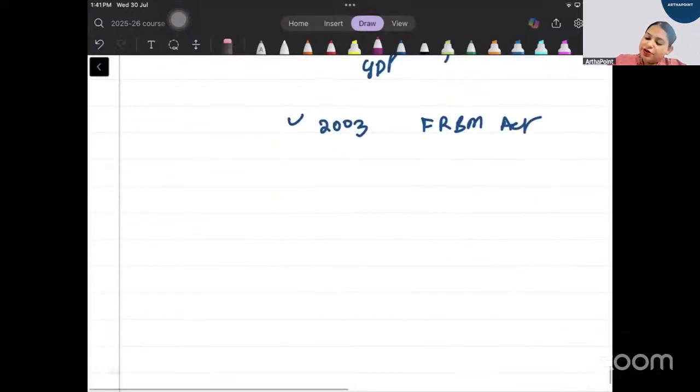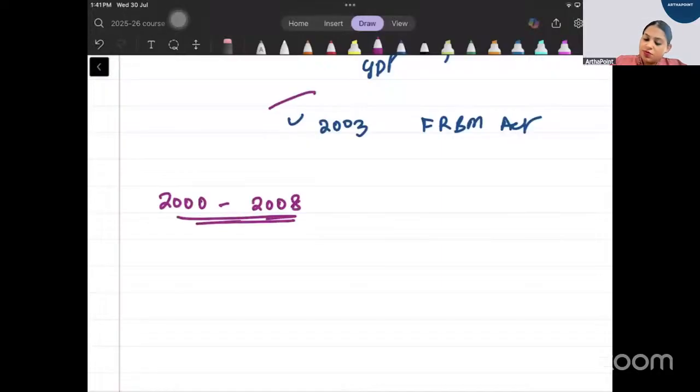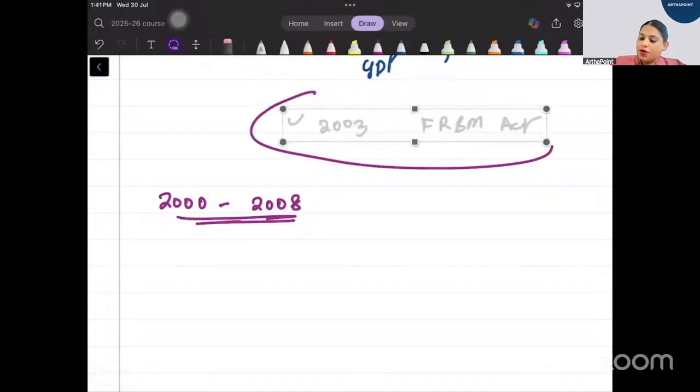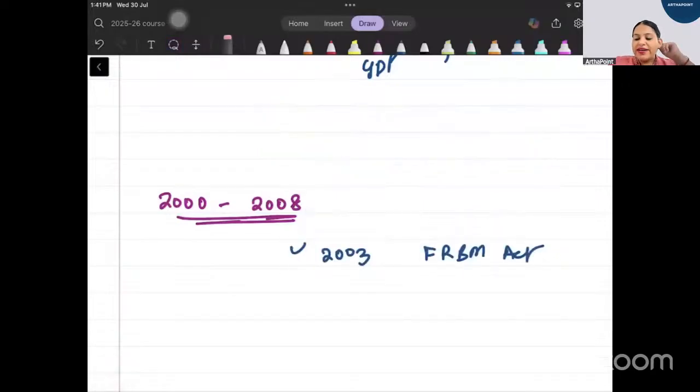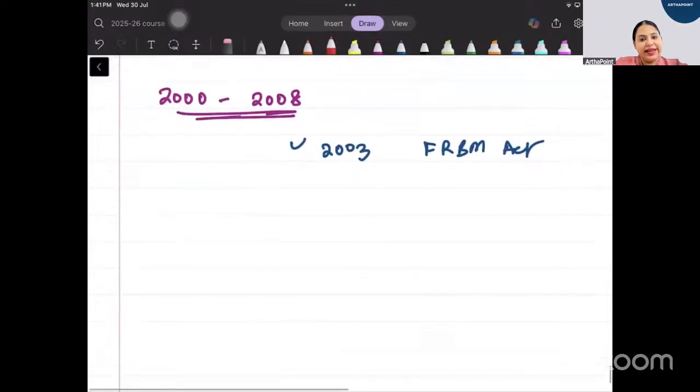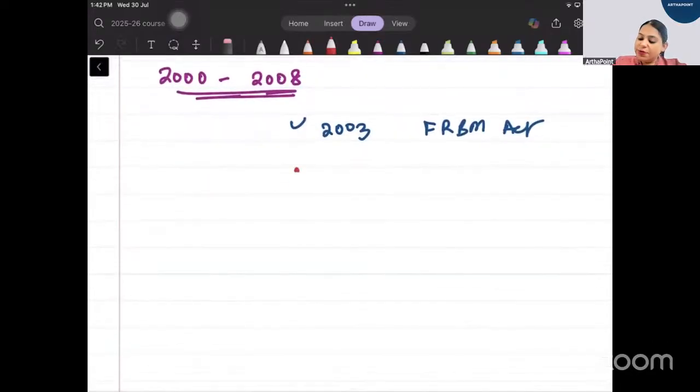Then you had the period of 2000 to 2008. Here, GDP growth was very high, about 8%.